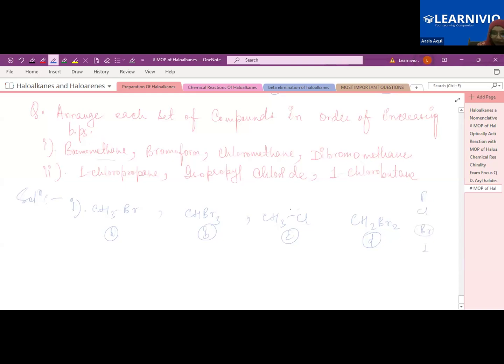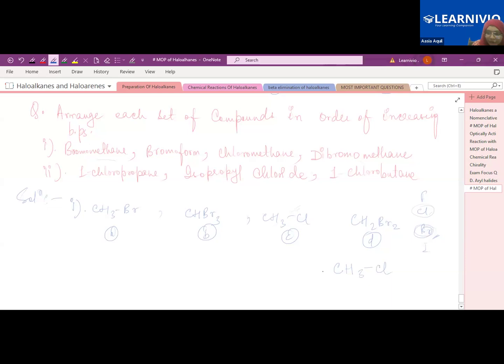So here, just CH3Cl will have the least boiling point, because when the alkyl group is same, the boiling point is directly proportional to the molecular mass of the halogen atom. The atomic mass of bromine is higher as compared to chlorine. These three molecules, A, B, and D, have bromine. Only C has chlorine, so chlorine will have the least boiling point.